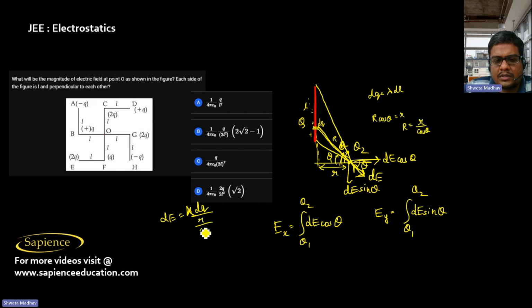That is, R by cos theta whole square, with lambda dl in the numerator.